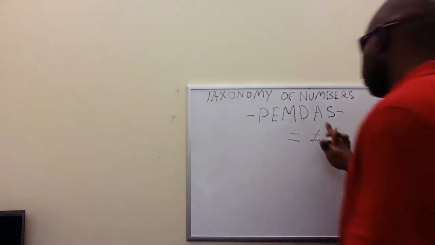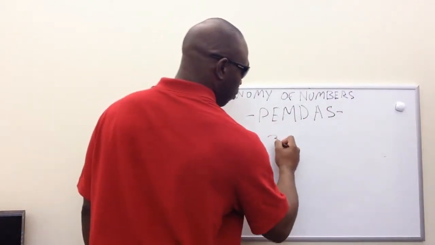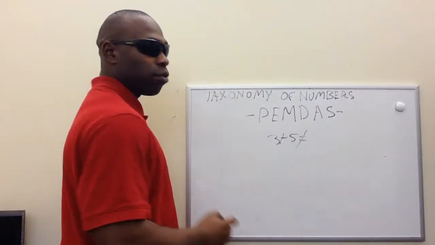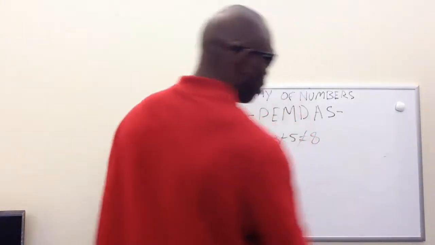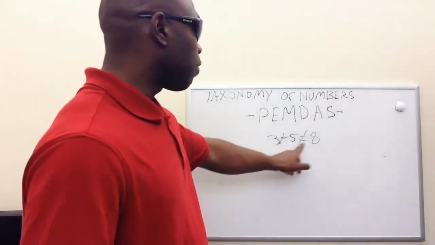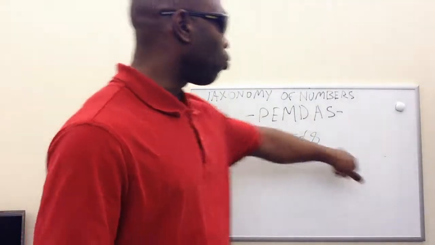And in mathematics, if I were to say 3 plus 5 is not equal to 8, I have just done the problem wrong, because 3 plus 5 equals 8. So the equal sign tells me that the equation is wrong.